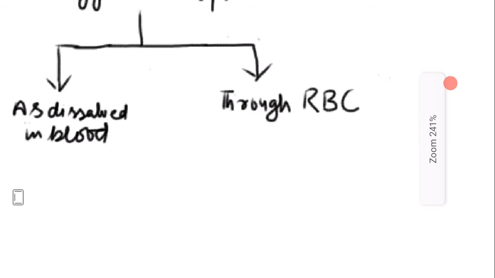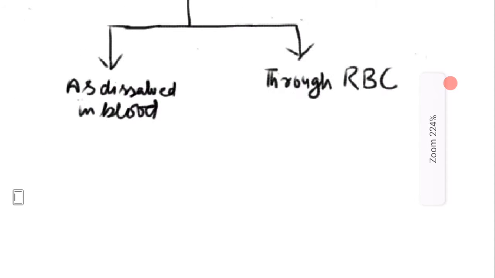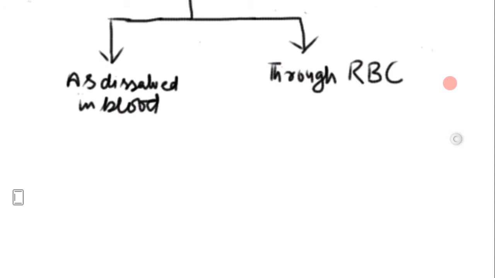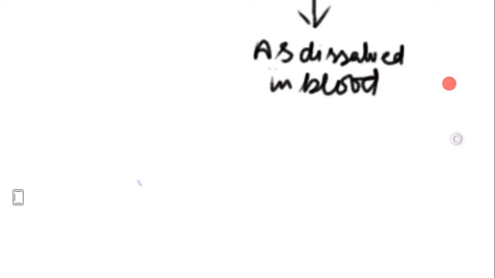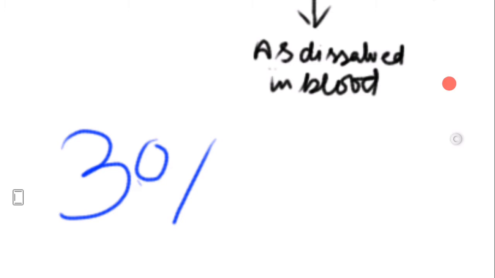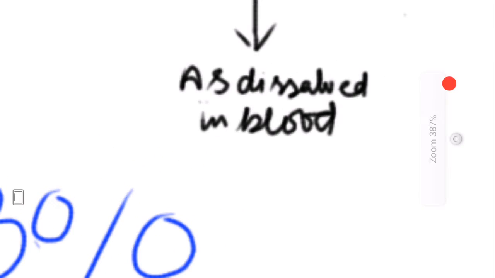I'm going to discuss them one by one. 3% of the total oxygen is transported as dissolved in the blood.